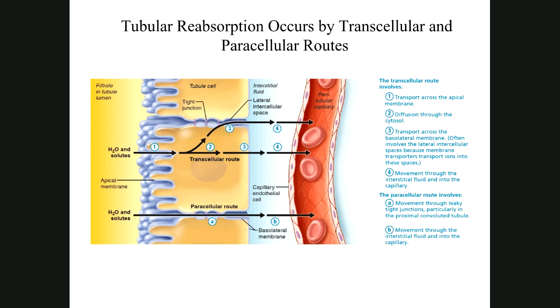We also have the paracellular route. This one is between tubule cells, and water and some solutes pass through tight junctions.